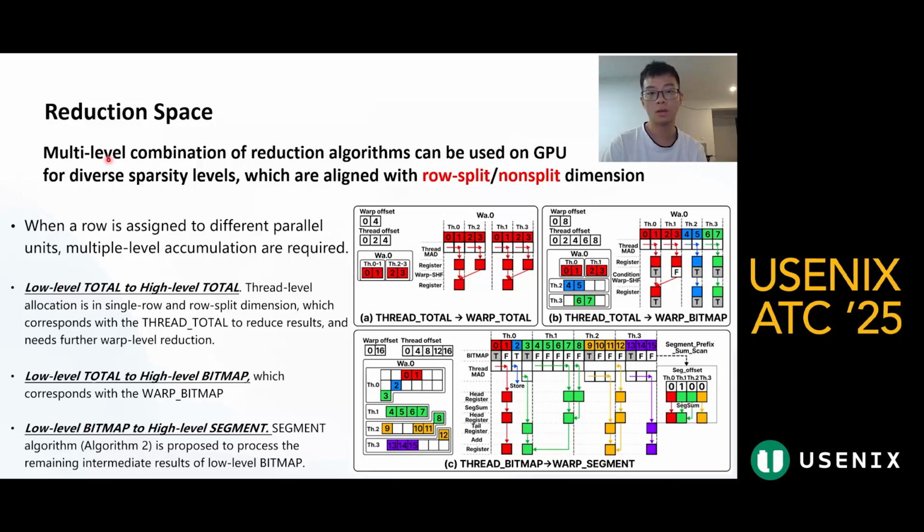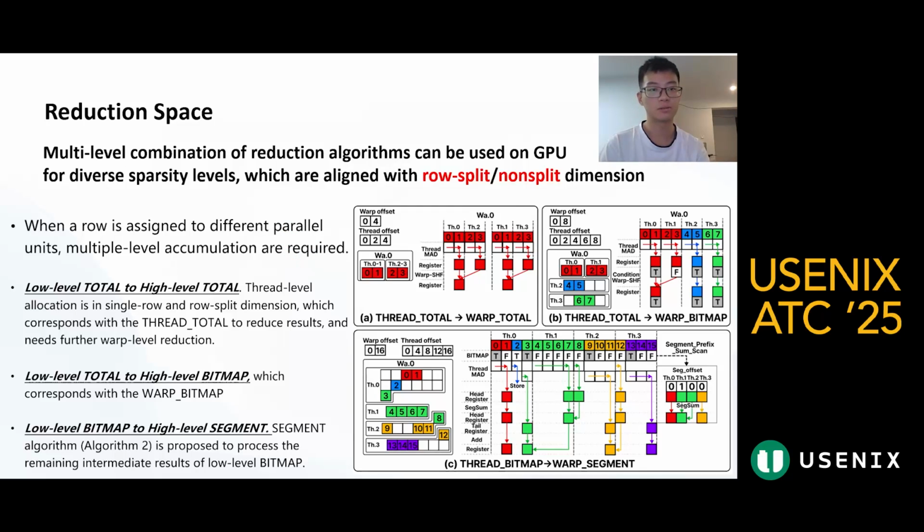Besides, multi-level combination of reduction algorithms can be used on GPUs for diverse sparsity levels, which are aligned with row split and non-split dimensions. When a row is assigned to different parallel units, multi-level accumulation is required, and we design many algorithms here, but because of time, we will not elaborate on it.